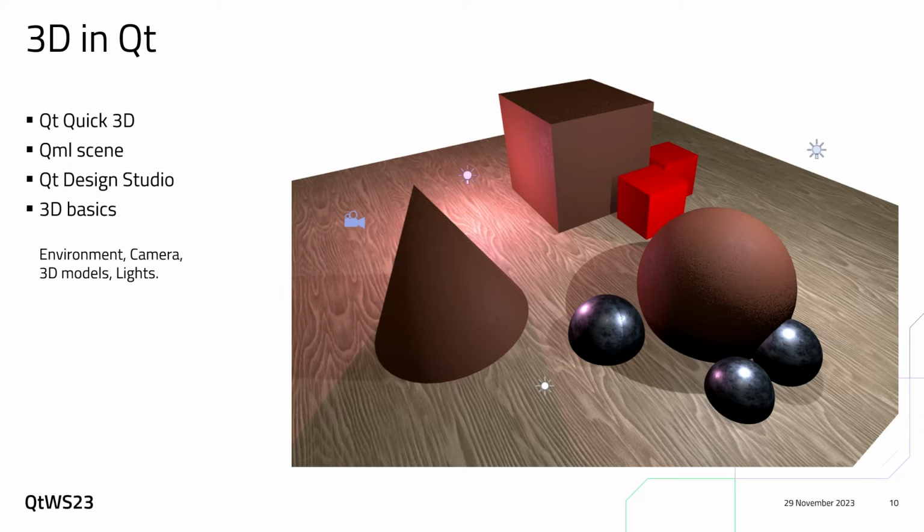Then, for our user to be able to see this scene, we need to specify the camera and its properties. Of course, we need 3D models, which have properties like the ability to receive shadows or cast shadows, obviously a translation in 3D space, and materials, which are mainly constructed from textures.